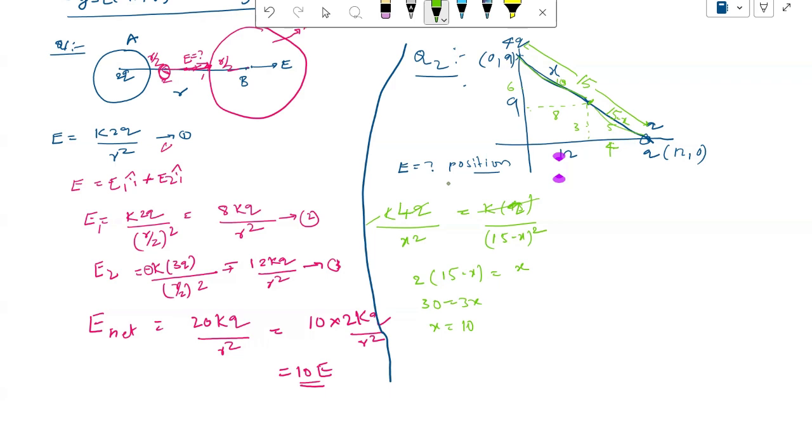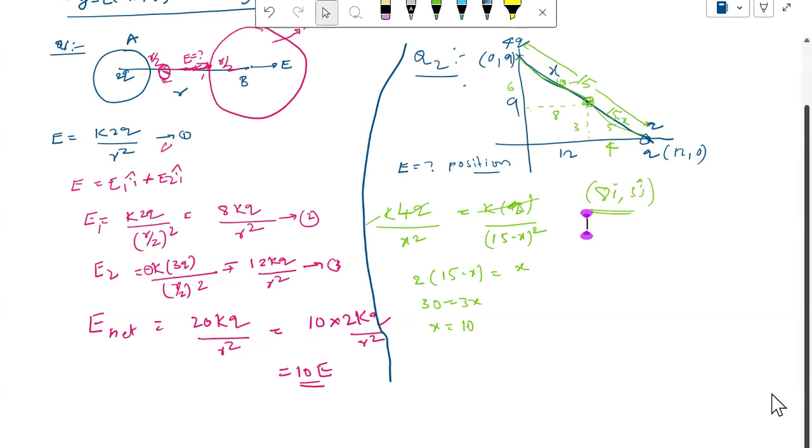If otherwise you take 3 here, 9 will come here, and 9 square plus something square will not be 10 square. That's why 6, 8, 10 works: 6 square plus 8 square is 10 square, the hypotenuse. Therefore, this is the position in the XY plane, 8i comma 3j point. At position 8 comma 3, the field is 0.